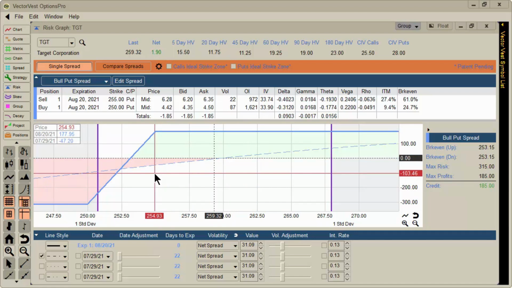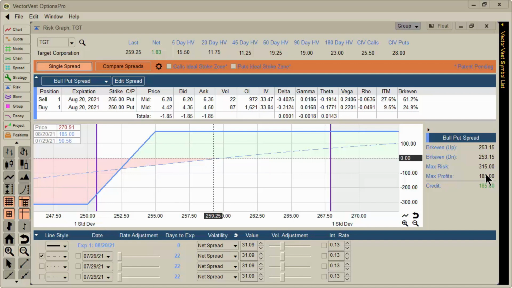Now, the way that we do these trades, this is something we discuss in detail in the Options Paycheck. We take profits at 50% of max profits. So if the credit on the trade is $185, we would be looking to take profits at $92.50.